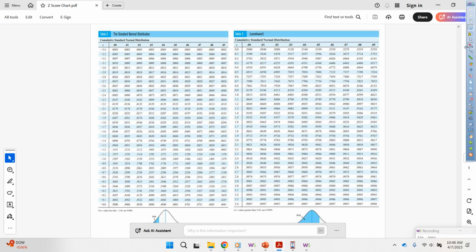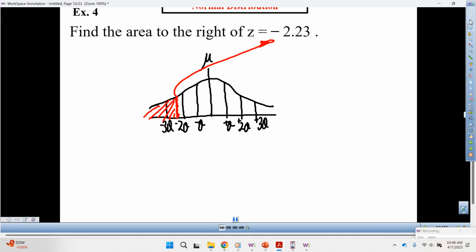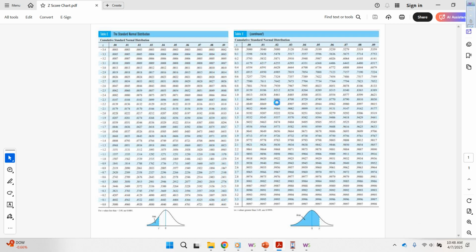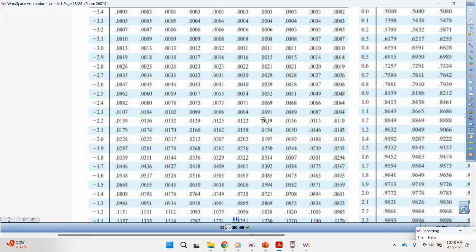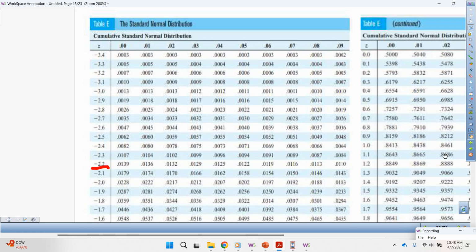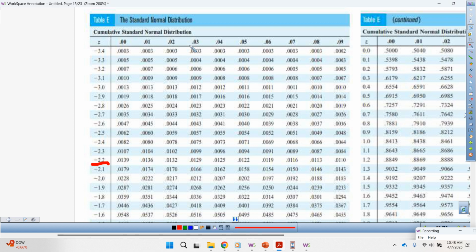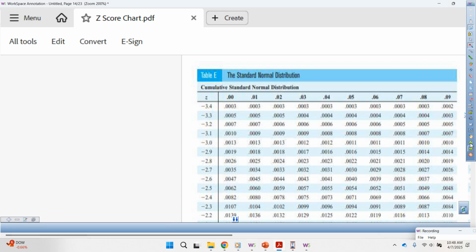To the left, it was 2 point what? 2.23. So if I zoom in, 2.2, yes, and then 3. 3 is right here. So that gives us 0.0129, is that correct?